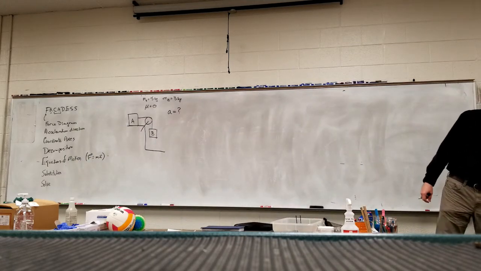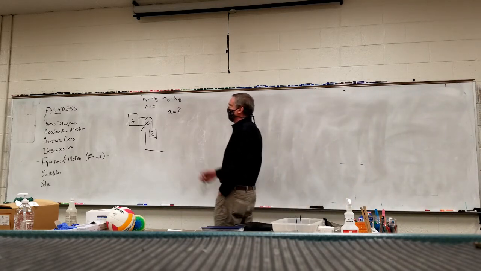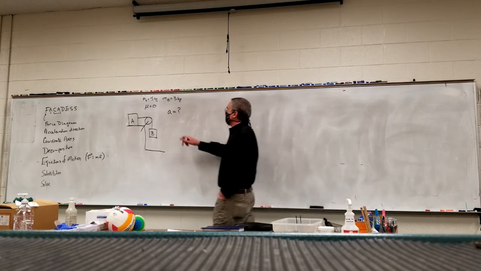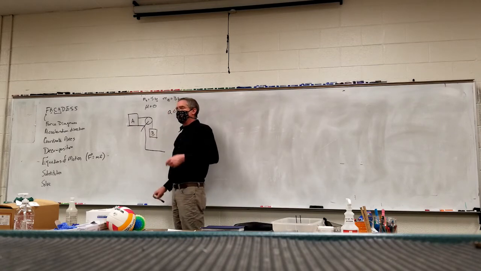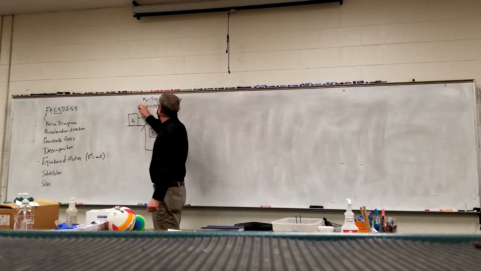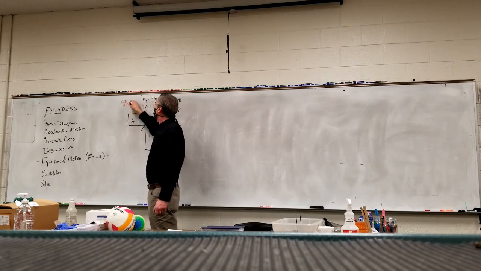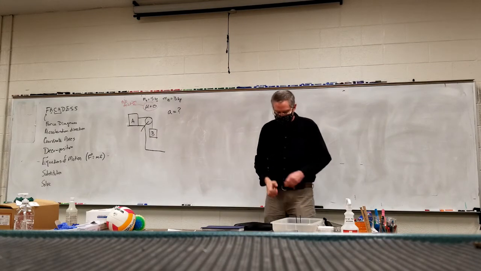So what's the magnitude of acceleration? I'm going to take us through the steps that I'm trying to teach here. This mu equals 0 is an indication that there's no friction. This mu represents the coefficient of friction, so this is just shorthand for saying no friction. Friction will come.